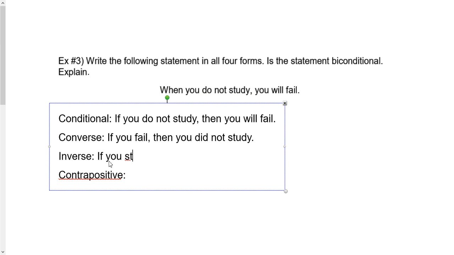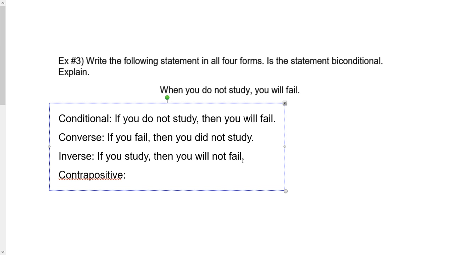If you study, or if you do study, you could say that, then you will not fail. So it's just taking this conditional statement and changing the sign. The first part has a not, so we change it to a do. The second part has a positive, so we have to change it to a negative on the other side.